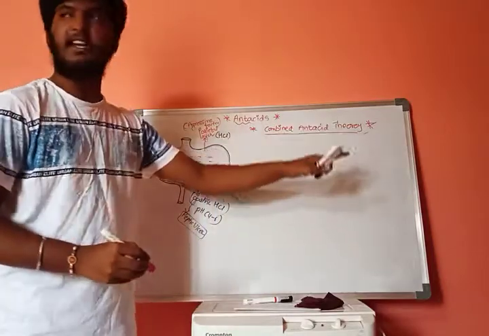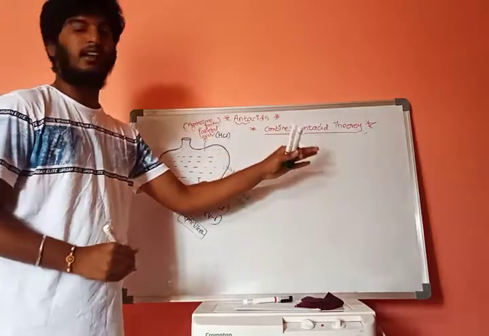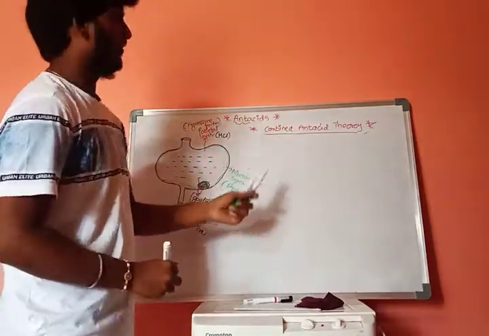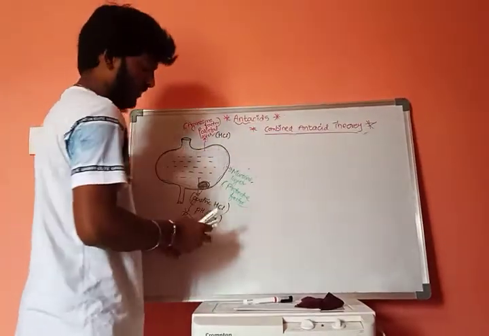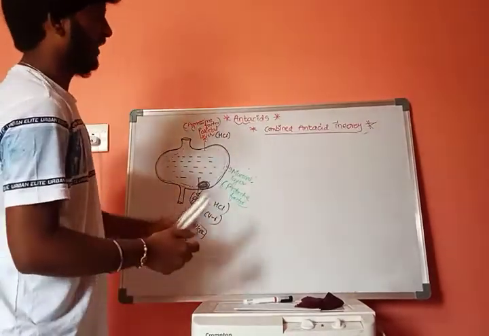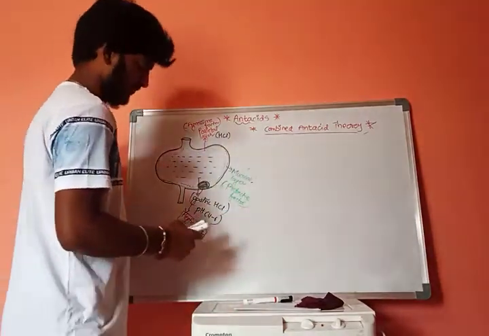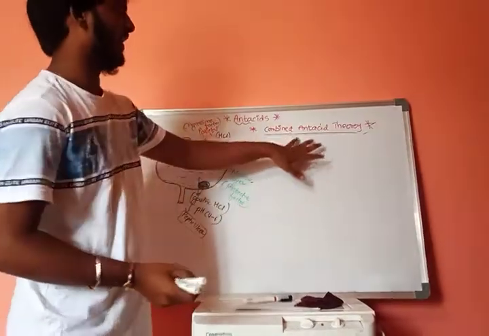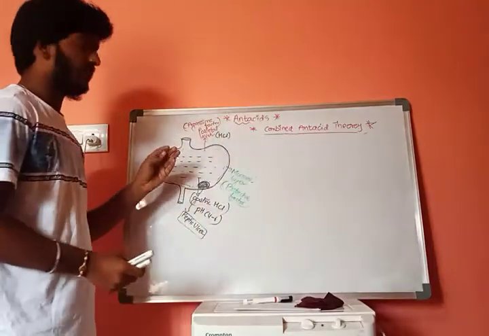Combined antacid theory is a theory in which more than one type of antacid will be inserted into our body orally, through the mouth, so that it works in the stomach. These combined antacids are used in conditions where there is a problem in the stomach.